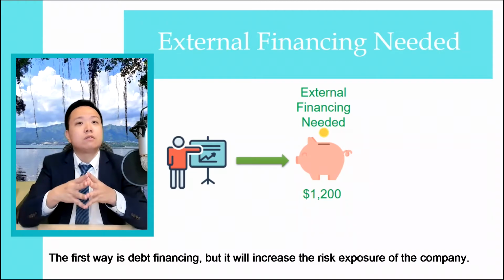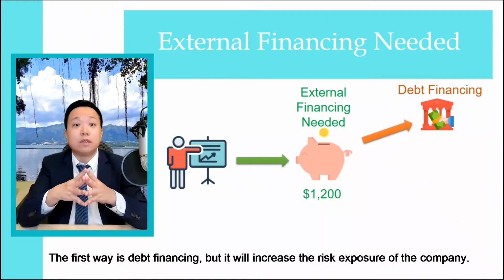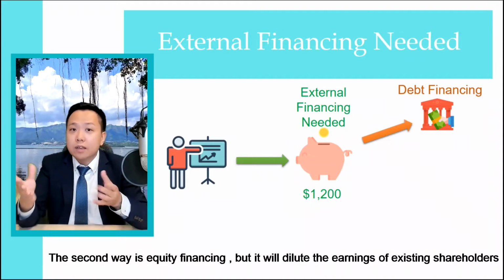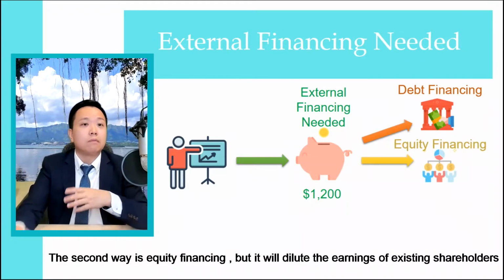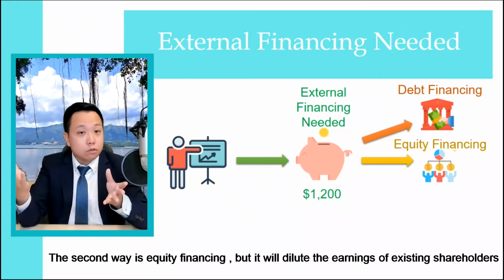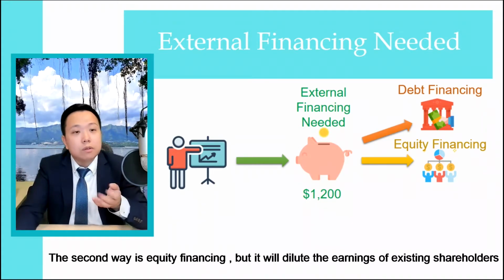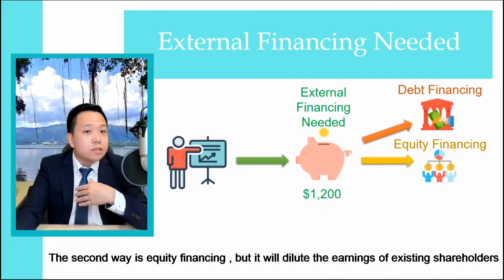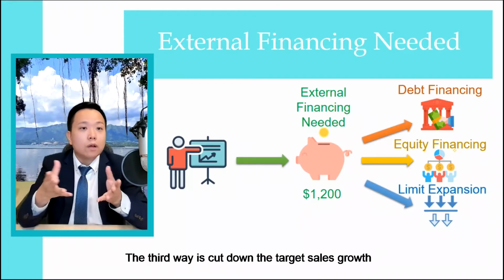The first way is debt financing, but it will increase the risk exposure of the company. The second way is equity financing, but it will also dilute the earnings of existing shareholders. The third way is to cut down the target sales growth.